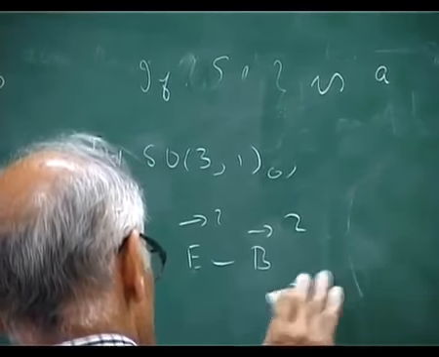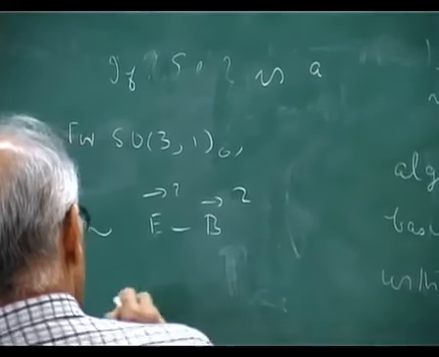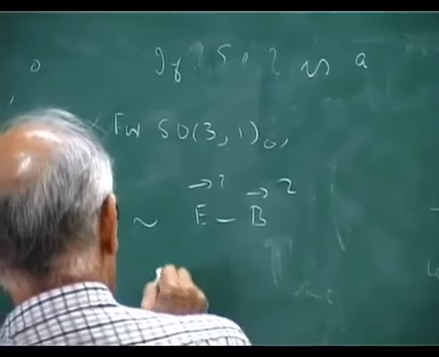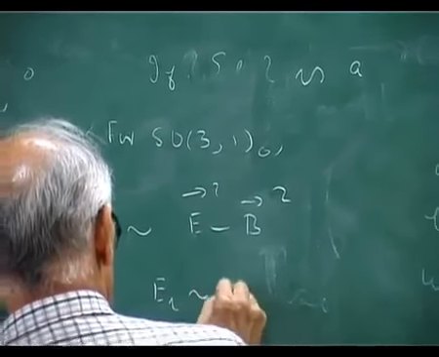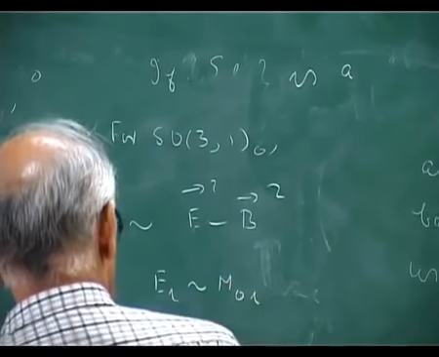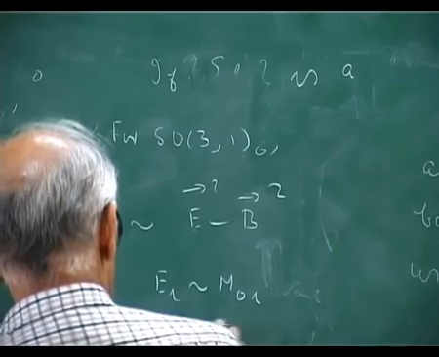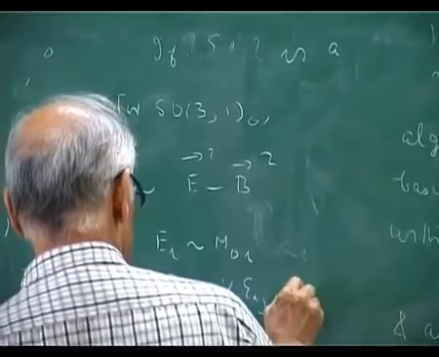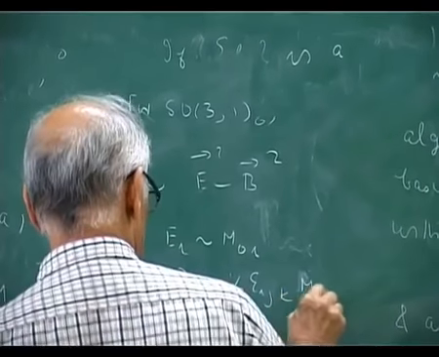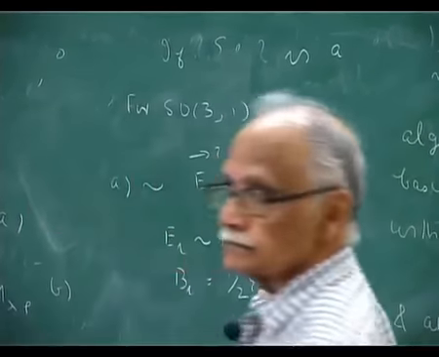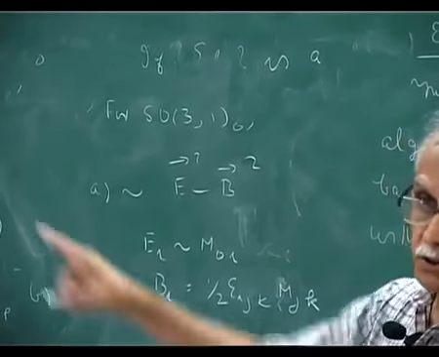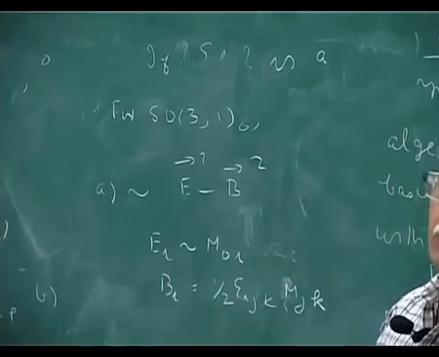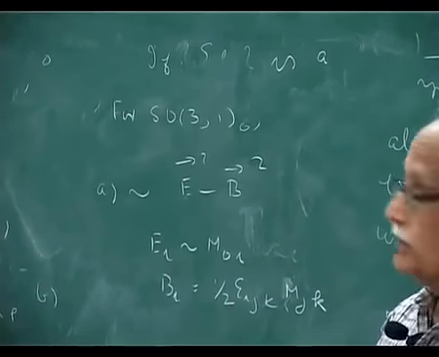I am thinking of B_i, with E_i being M_{0i} and B_i being 1/2 epsilon_{ijk} M_{jk}. So M is like your F_{μν} in electromagnetism.